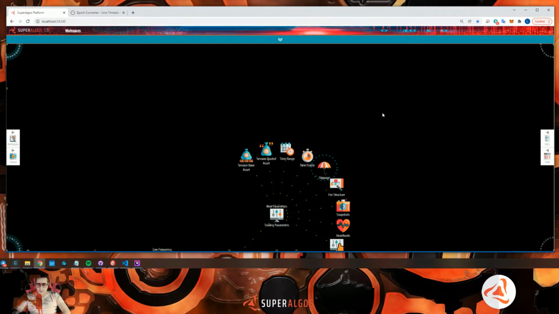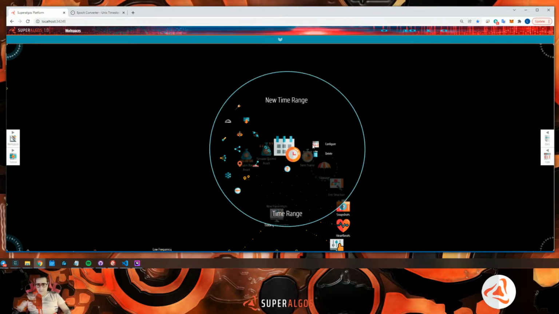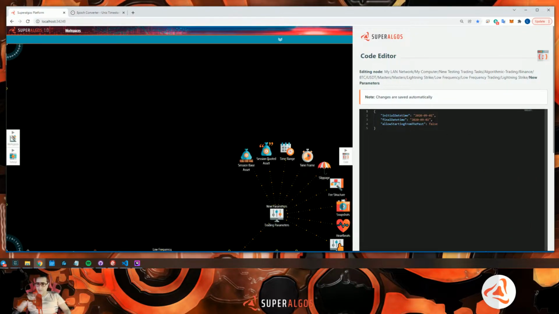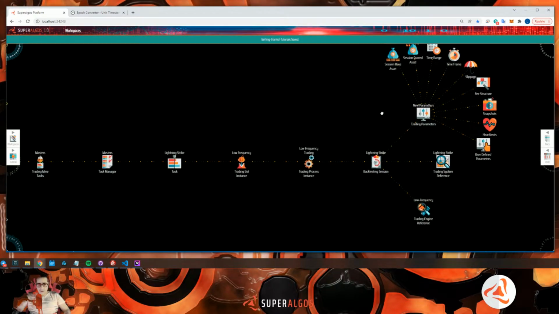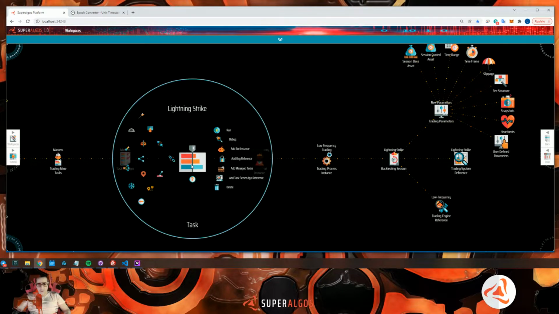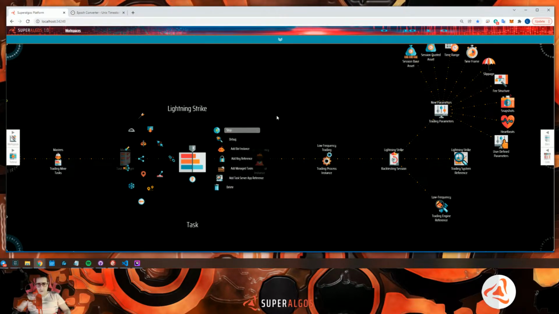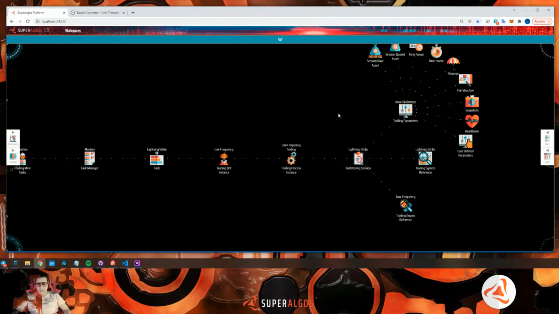Okay, so I would change this time range from 1 to 3 or 2 to 3, and I'm going to run this normally at Node.js.